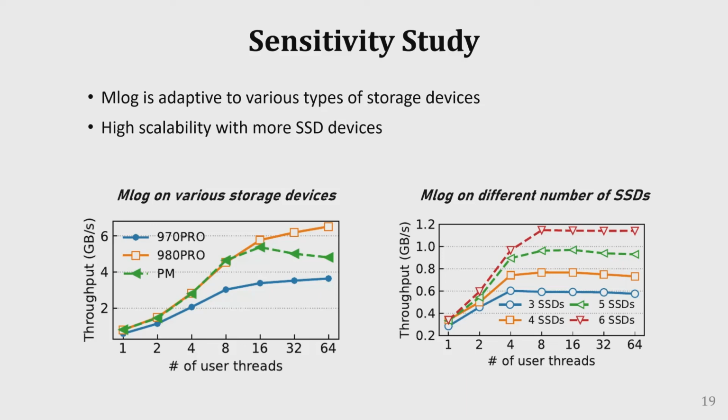The throughput of Mlog with 6 SSDs increases by 2 times compared with that with 3 SSDs, because it evenly schedules requests across underlying SSDs based on its multi-log architecture and leverages the high parallelism inherent among multiple SSDs.